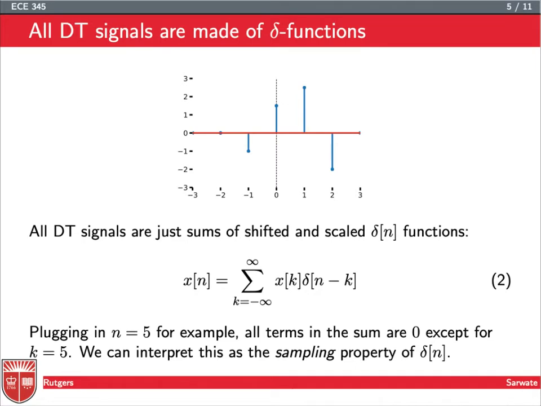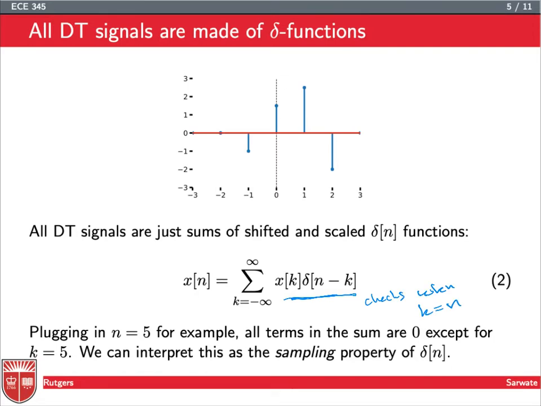This is what we can think of as the sampling property of the delta function. If I look at the summation of x of k from k equals minus infinity to infinity, and I multiply x of k by delta of n minus k, this thing is checking when k is equal to n.